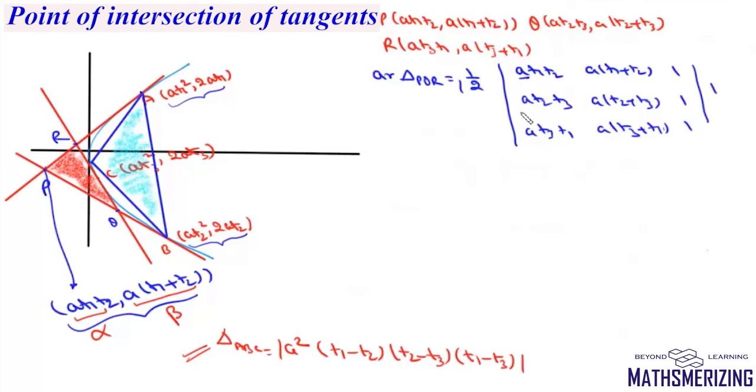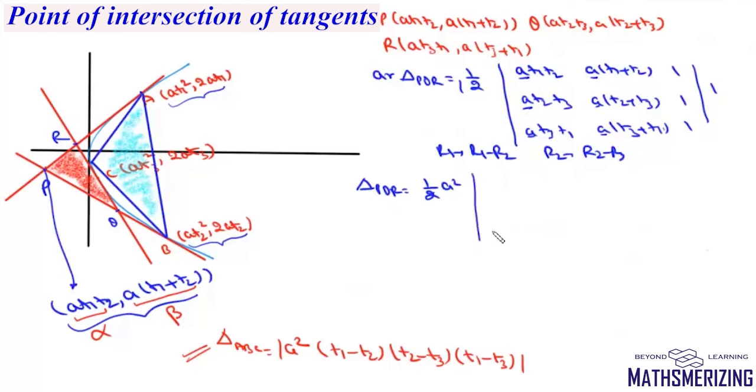So from this first column we'll take A common, and from the second column also we'll take A common, and again we'll do R1 as R1 minus R2 and R2 as R2 minus R3.